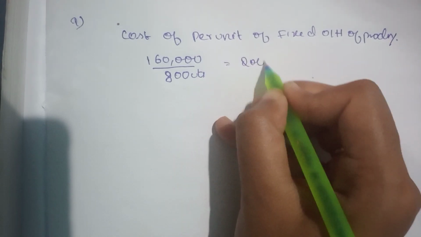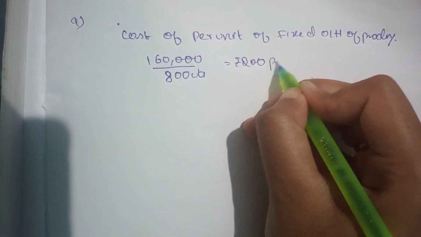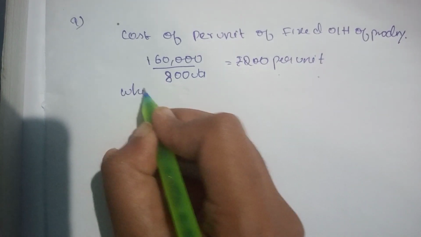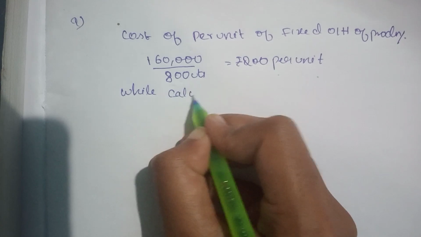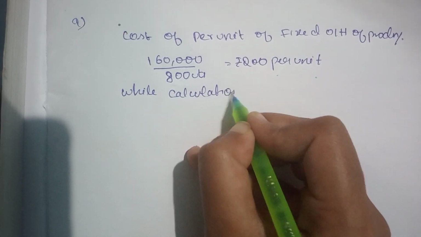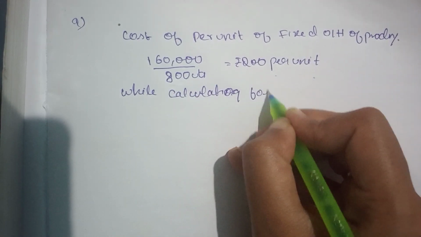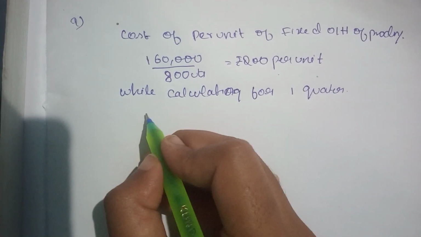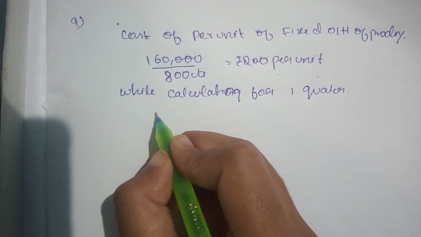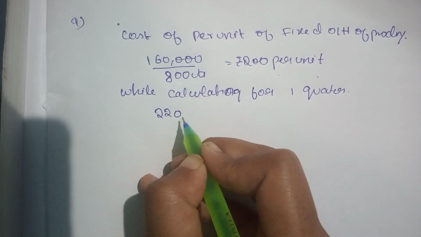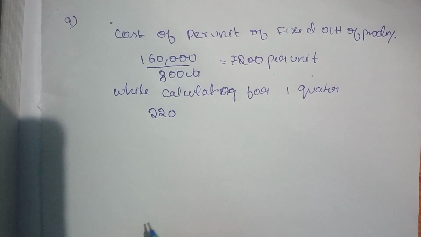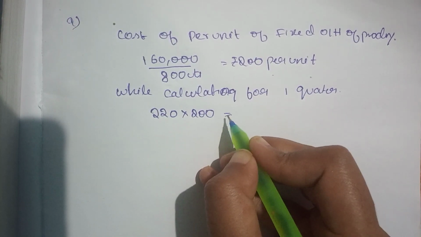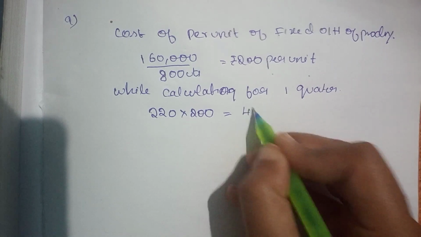So that is 200 rupees per unit. While calculating for 1 quarter, they said that they have produced 220 units. 220 into 200 per unit is equal to 44,000.